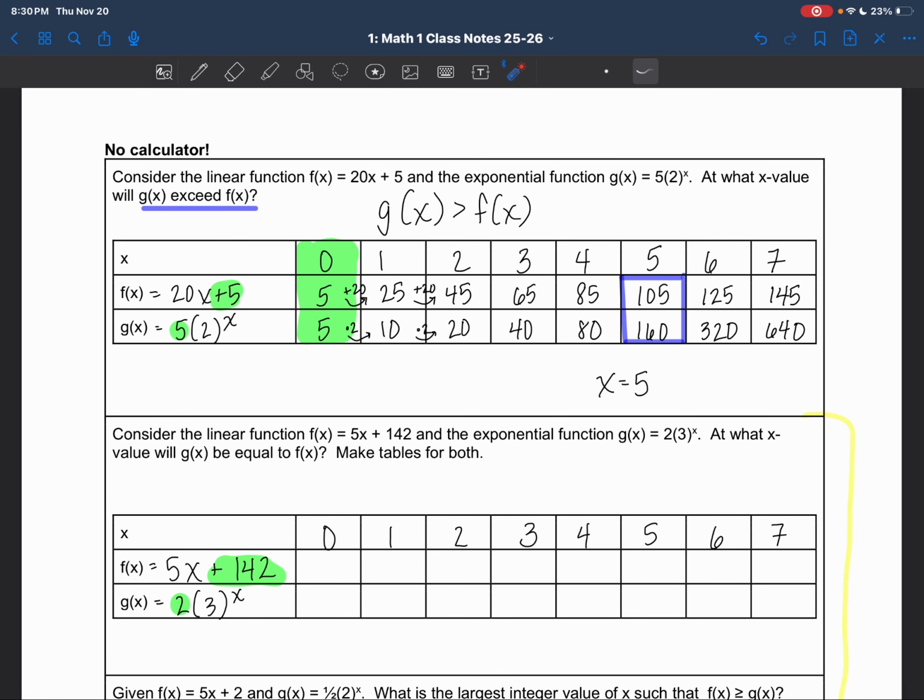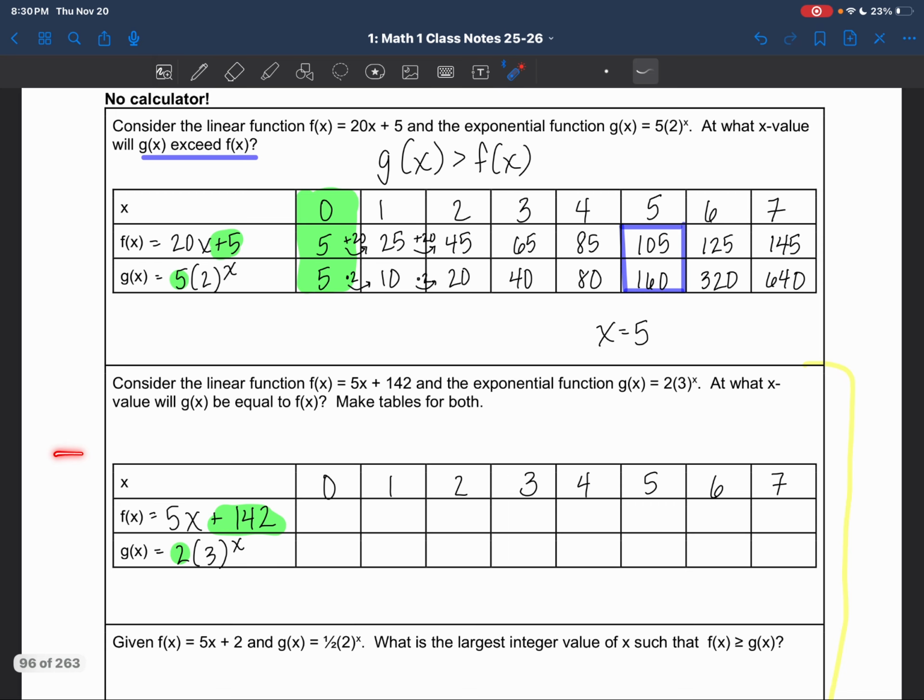All right, so what I did for you on this problem is I already set up the equation for you. You're going to complete this table by starting at 142 and adding 5 each time. And in this table, you're going to start at 2 and multiply by 3.